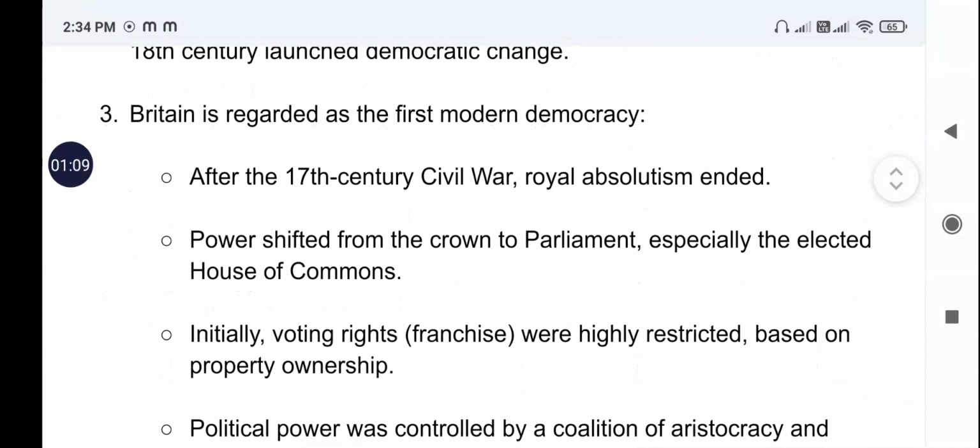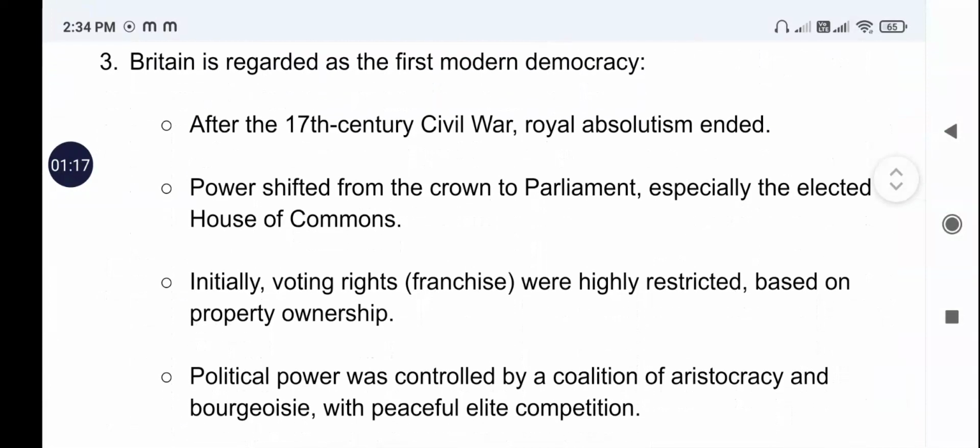Britain is regarded as the first modern democracy. After the 17th century civil war, royal absolutism ended.